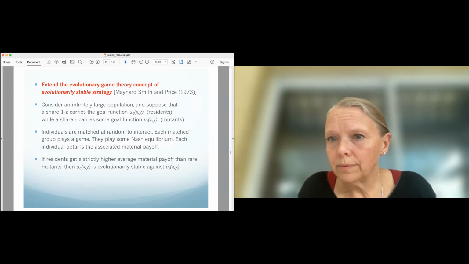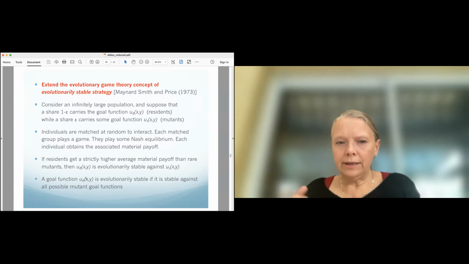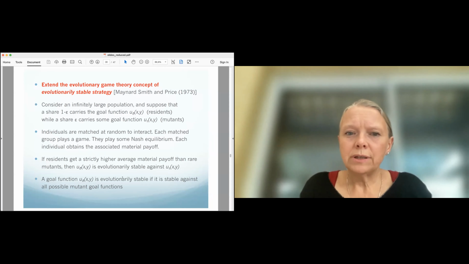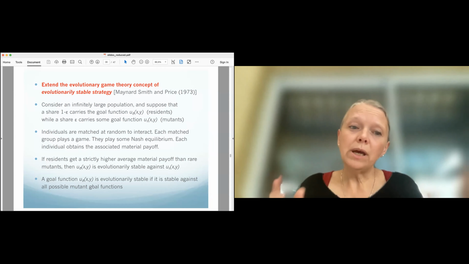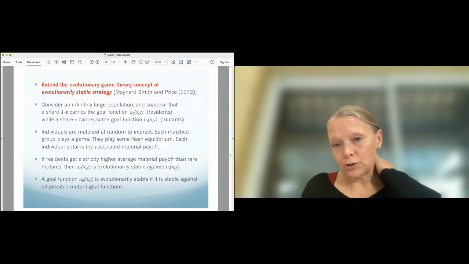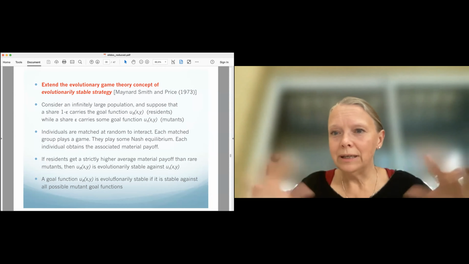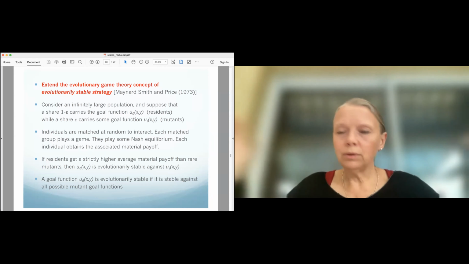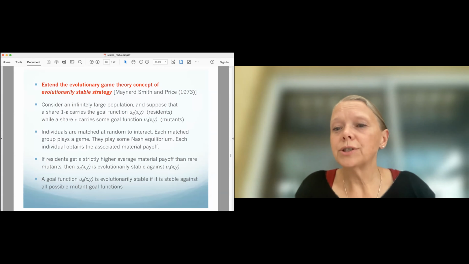Okay, and so if we can identify a specific goal function which is evolutionarily stable against all the possible mutant goal functions, then it will withstand the invasion by all possible mutants. And that's the goal of our analysis, to identify such evolutionarily stable goal functions.